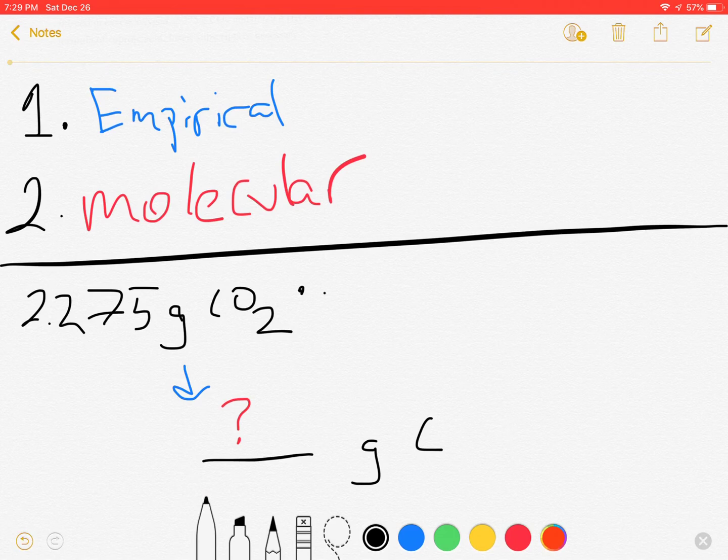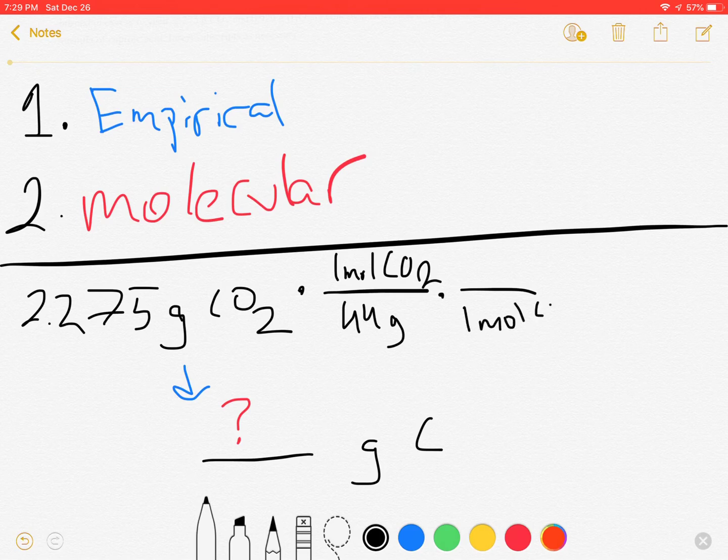First, we can go from grams of carbon dioxide into moles of carbon dioxide. 1 mole of carbon dioxide is approximately 44 grams. Then we go from moles of carbon dioxide to moles of carbon, because there's 1 mole of carbon in 1 mole of carbon dioxide.